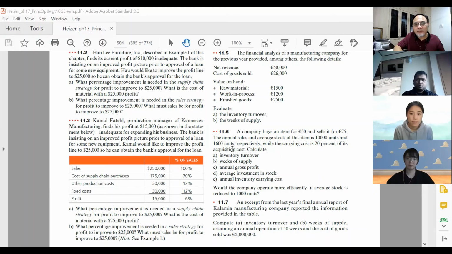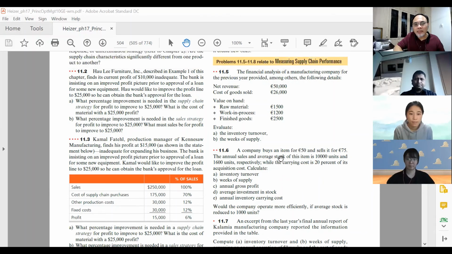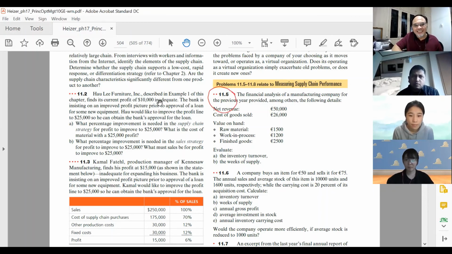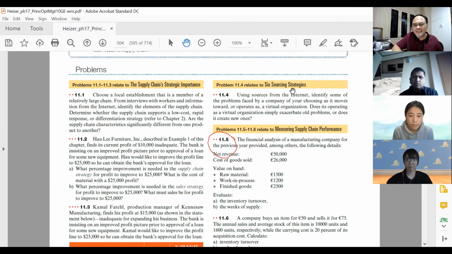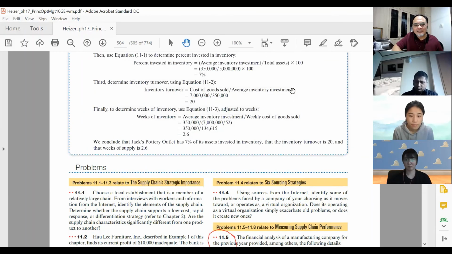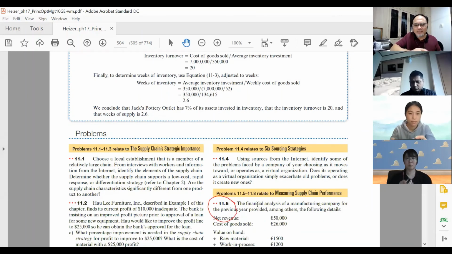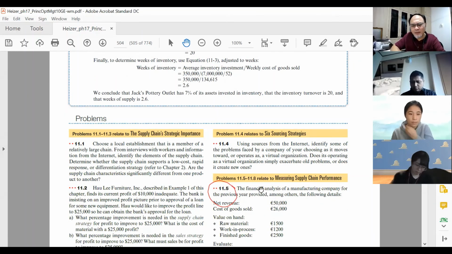It is 11.5, on page 504. Question number 11.5.